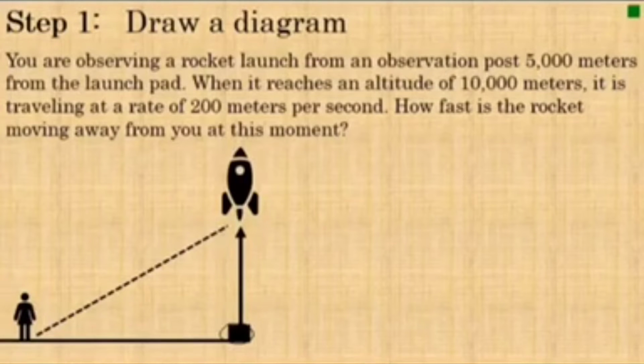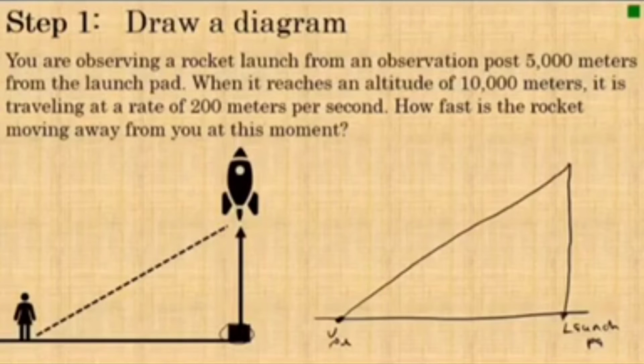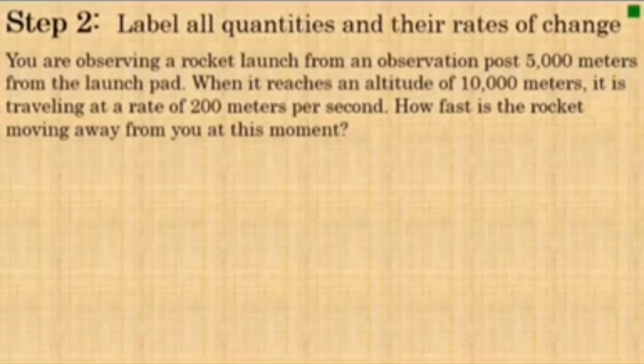But you don't have to draw it like this, you can also draw it as a straight line with the units, put the launch pad as a vertical line, and a diagonal line, which represents the distance of the rocket from you when it's moving.